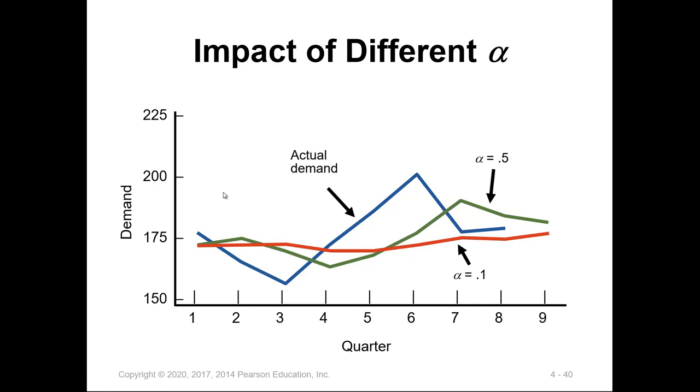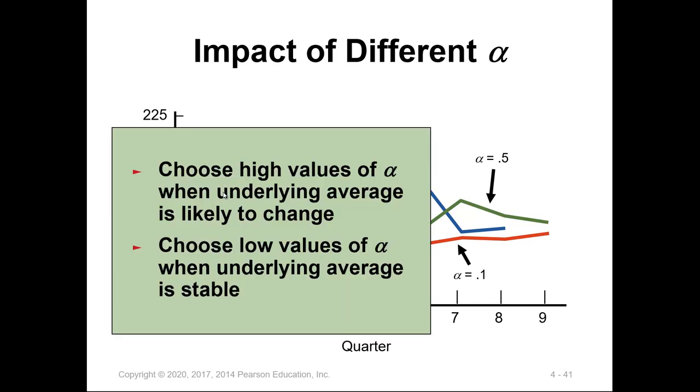Giving less weight to older values by increasing alpha will get the forecasted values closer to the actual, as shown in this figure, which means we choose high values of alpha when the underlying average is likely to change, and we choose low values of alpha when the underlying average is stable.